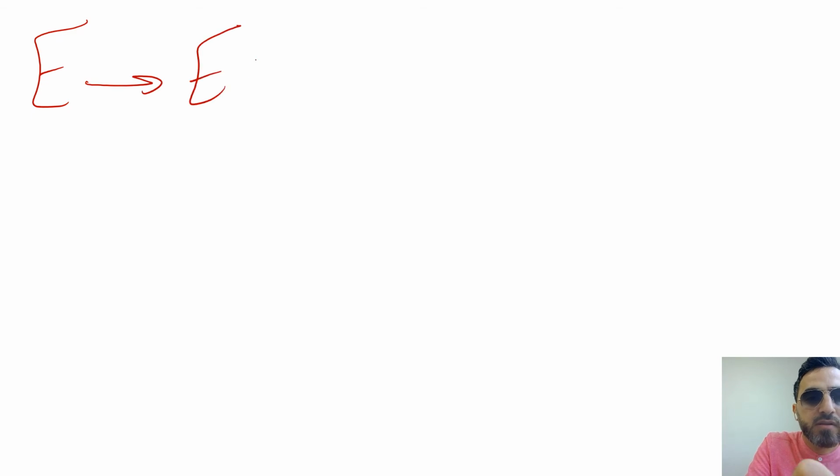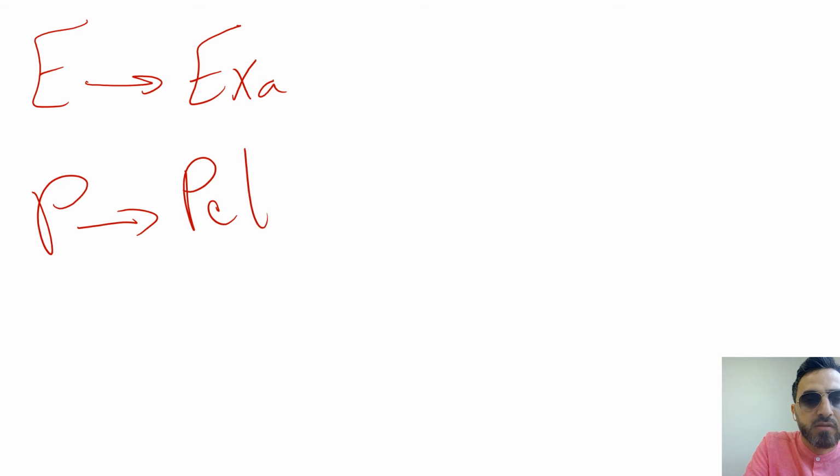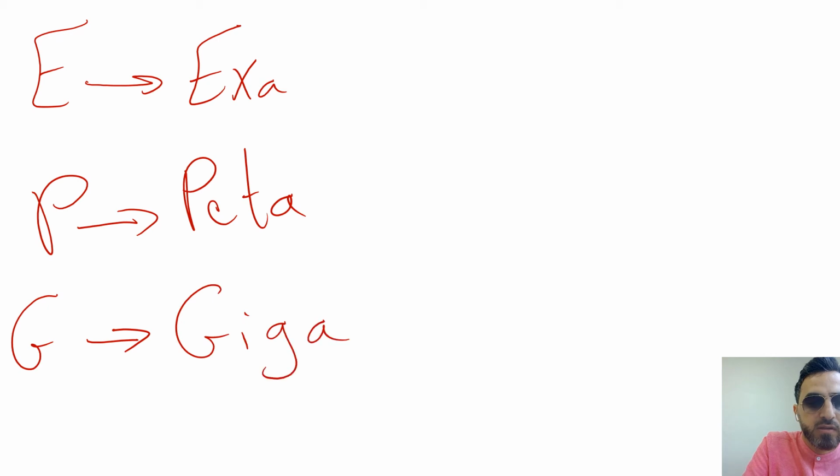We'll start over here and write exa. I want you to know what each letter means. Capital E is for exa, capital B for beta, capital G for giga, capital M for mega.